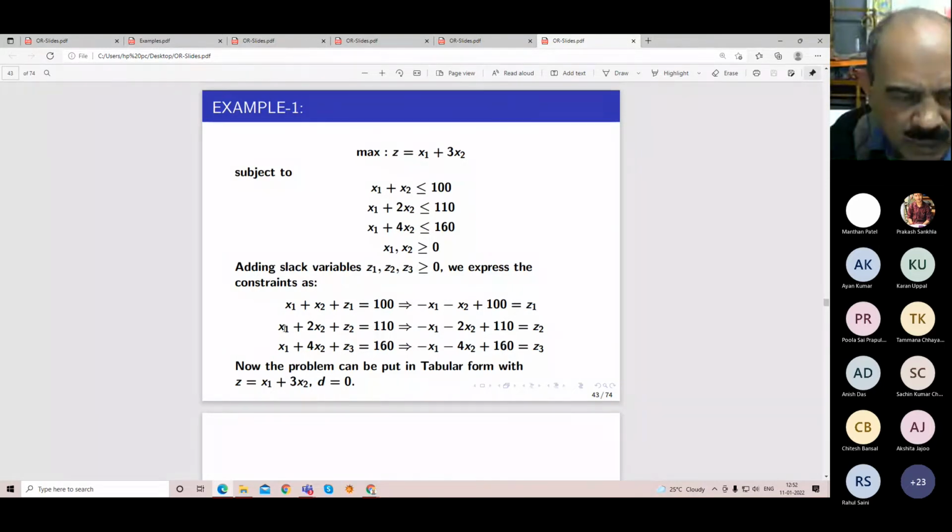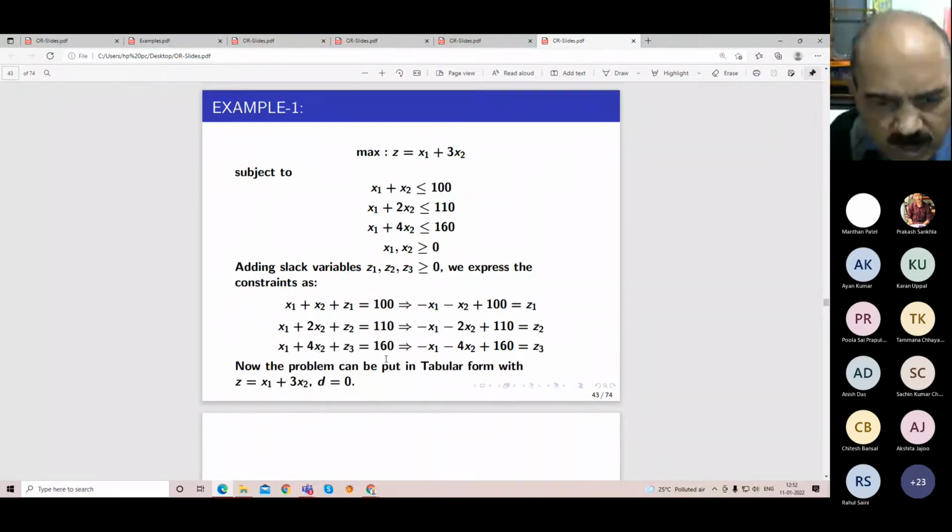Then x1 60, x2 25, 60 plus 50 and z2 equal to 0, so we got 110. x1 60, x2 25, 60 plus 100, 160, and z3 equal to 0.